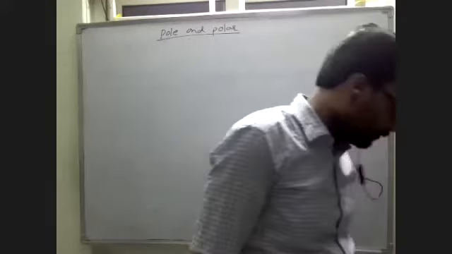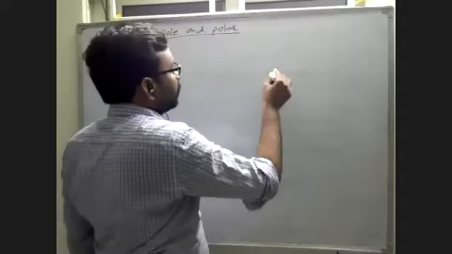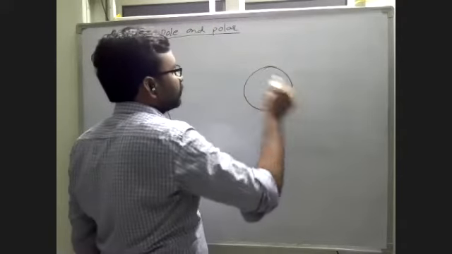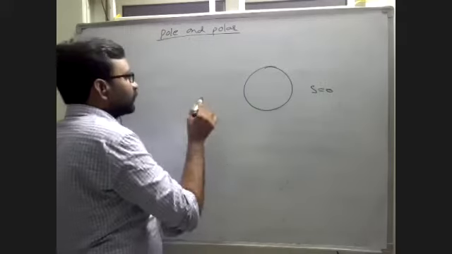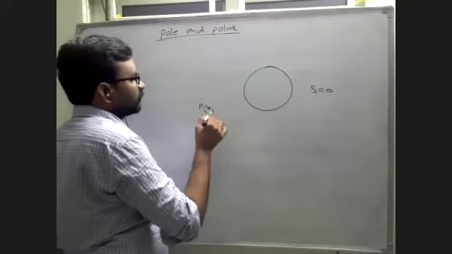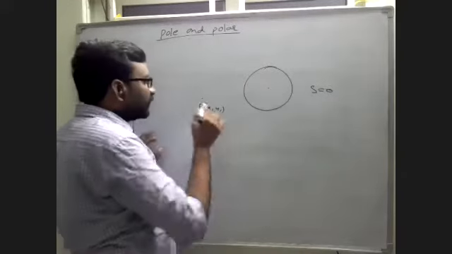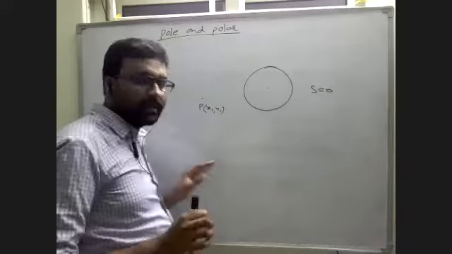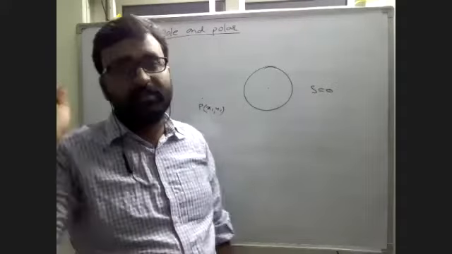Okay, and how we can define that is, see, I'm taking a circle S equal to 0. I'm taking one point which is outside the circle, P(x1, y1). And we can draw from this point only maximum 2 tangents, but we can draw infinitely many secants.